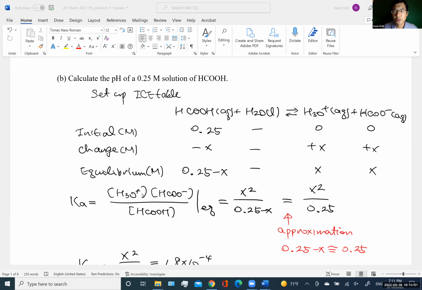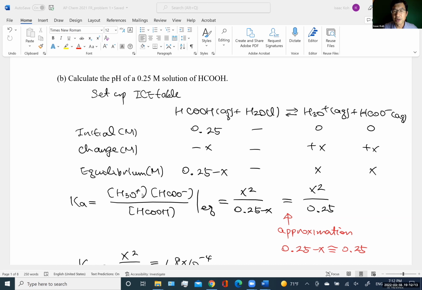What about hydronium ion and methanoate ion? Methanoate ion is initially 0 because we didn't add any methanoate initially. What about hydronium ion? We have a small amount of hydronium ion. We know that in neutral water, we have 1.0 times 10 to the negative 7, which is a very small amount.